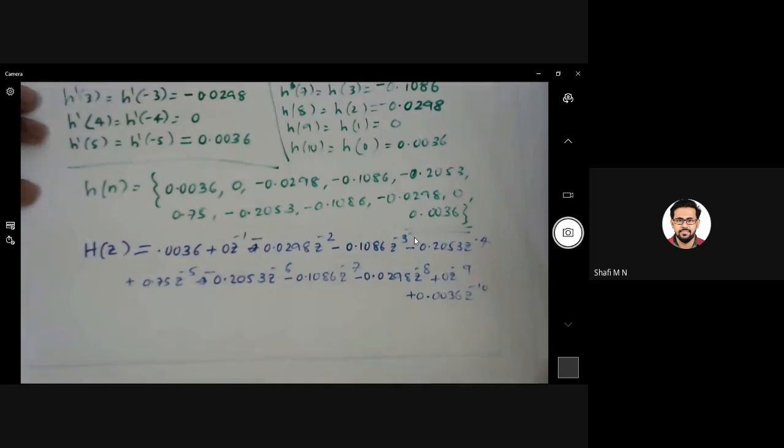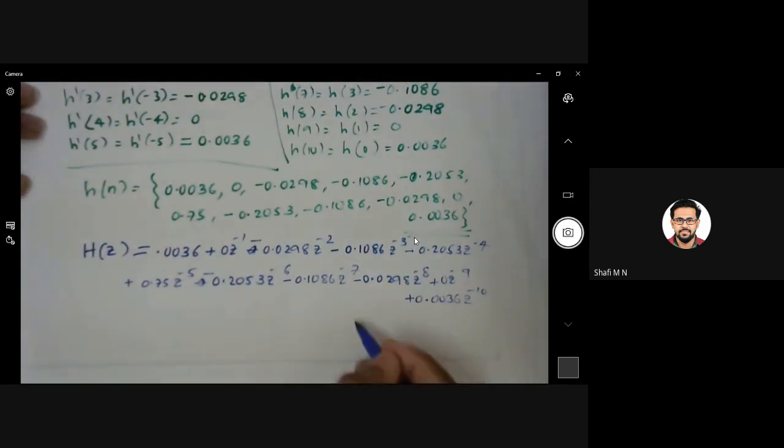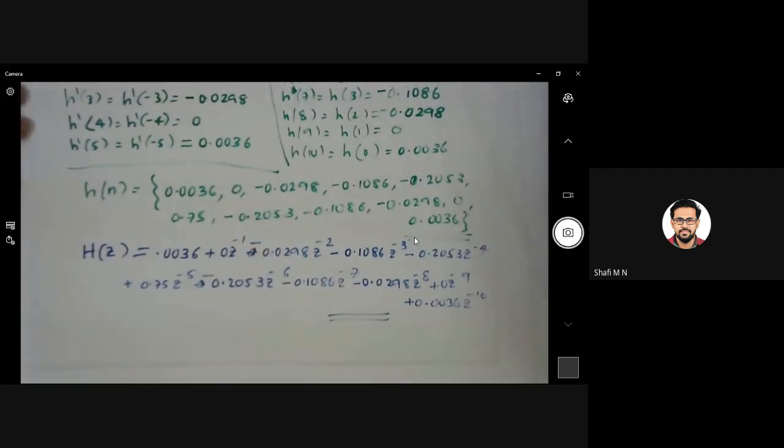And the denominator is 1. So this is your transfer function. You just write this.